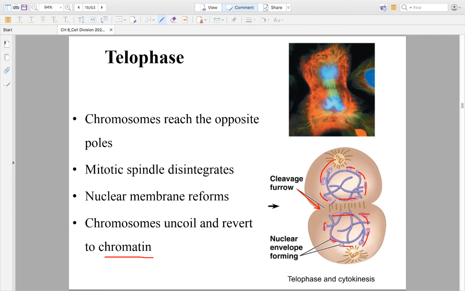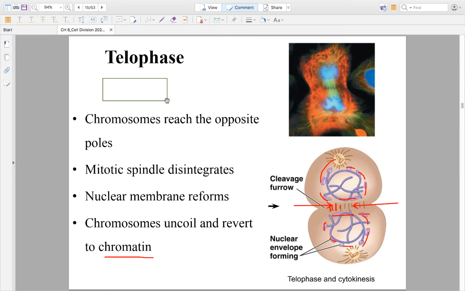What's happening is we have these little contractile rings, and they're going to keep contracting and pushing until this one keeps moving this way, and this one keeps moving this way, till they cut the cell in half. But that doesn't happen yet. We're still in telophase. All right, so that's the end of mitosis.